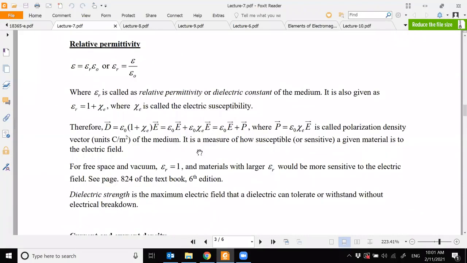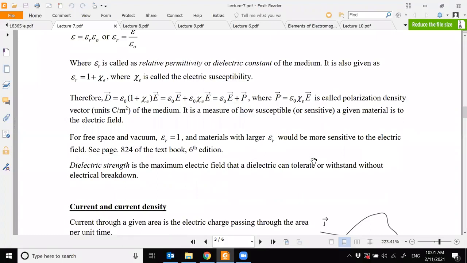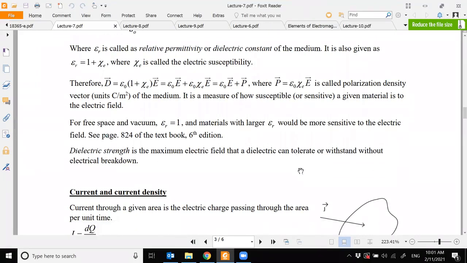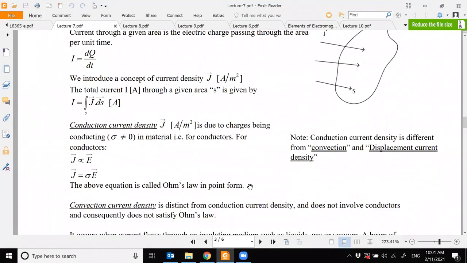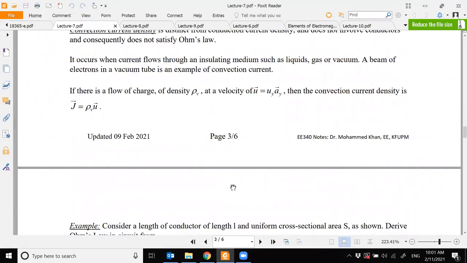Then we looked at the definition of the relative permittivity, dielectric constant, dielectric strength, and then we looked at the current and the current density, the two types of current density, conduction current density and convection current density.